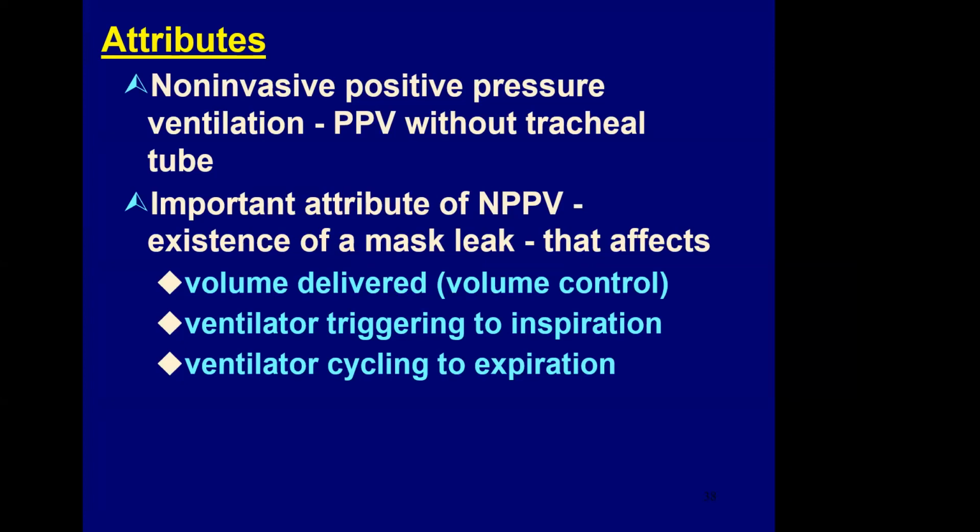An important attribute of NPPV is that there is always going to be some degree of leak on the mask. This affects the volume that is delivered. It also affects the ventilator being triggered by the patient to inspiration and the ventilator cycling to expiration. The leak affects all of these.